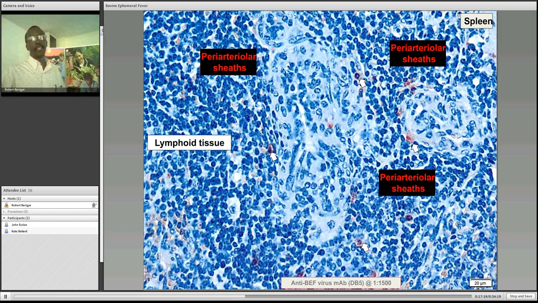And we know the function of the spleen is so crucial in mounting immune responses. Here you have macrophages, which are known to process viral protein and present it to lymphocytes, thereby beginning the immune response.